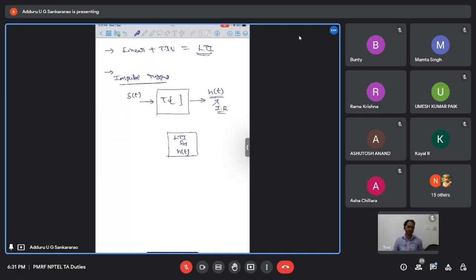If we know the impulse response, we can explain the complete behavior of any LTI system. Now, let us say we give an arbitrary input to an LTI system. If we give the input as impulse, the output is nothing but the impulse response.